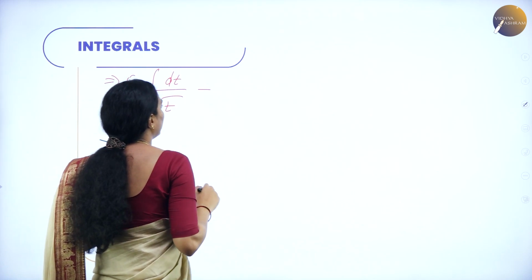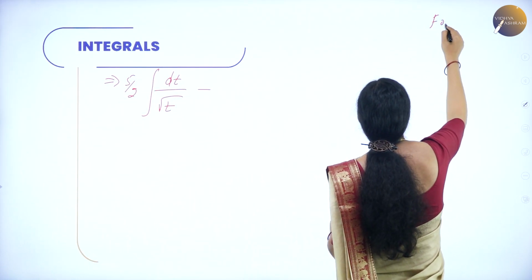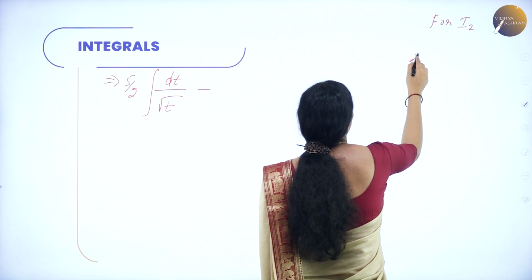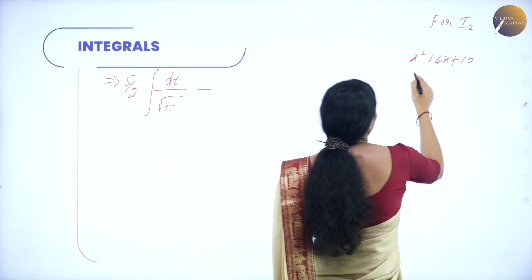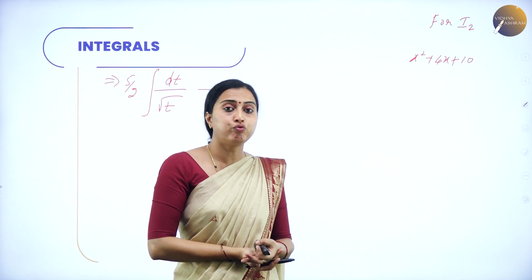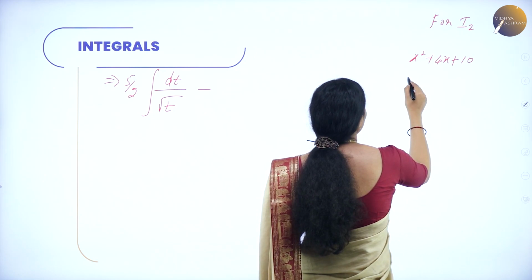Now again minus I2. For I2 we take the denominator. What is the denominator? The denominator is x squared plus 4x plus 10. Now the coefficient of x squared is 1, and the coefficient of x is 4.